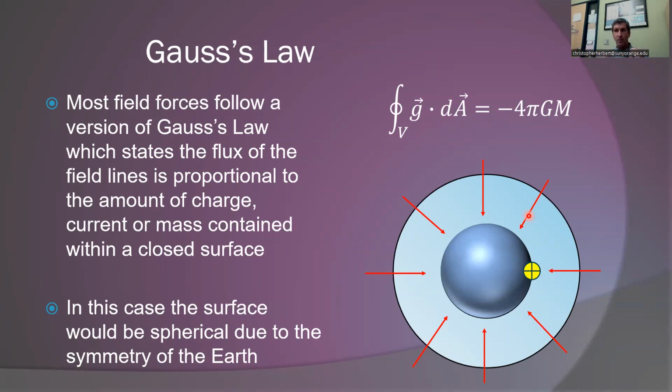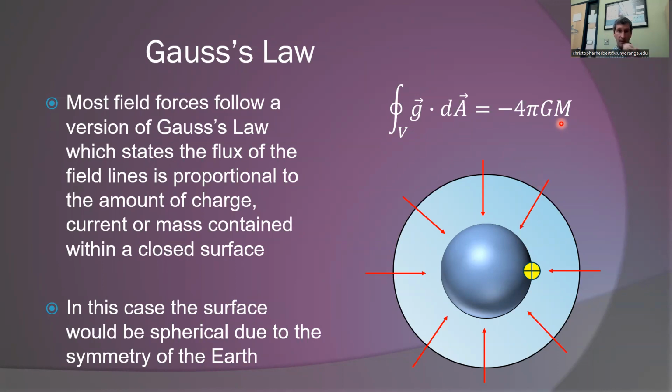The acceleration is pointing toward the center, and this vector field, as it crosses another spherical region up here, is going to be constant, and it's going to depend on whatever mass my surface has enclosed.